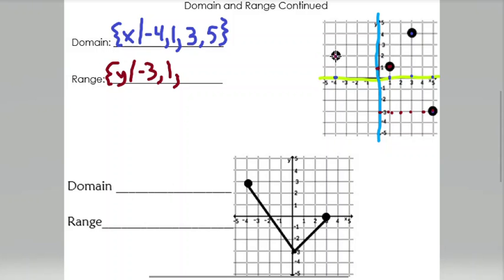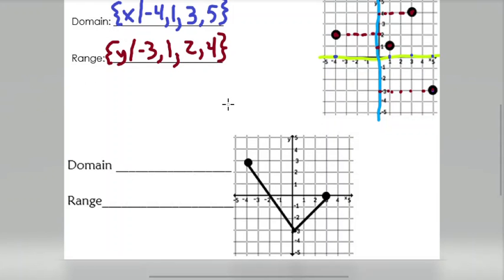Boop, I see another point here. And what is the y value for that point? Well, it's at 2. And then I'm going to keep going up until I see another point. Boop, I see a point there. What is the y value? Well, it's that 4. So my range, my y values for this graph are -3, 1, 2, and 4.